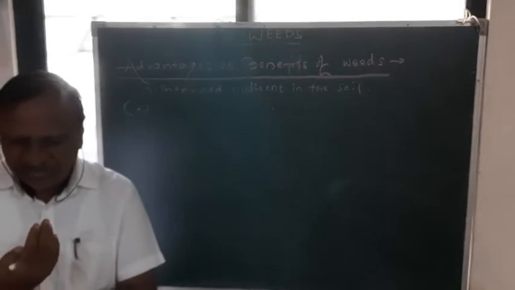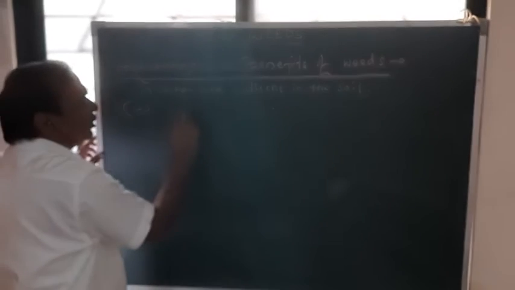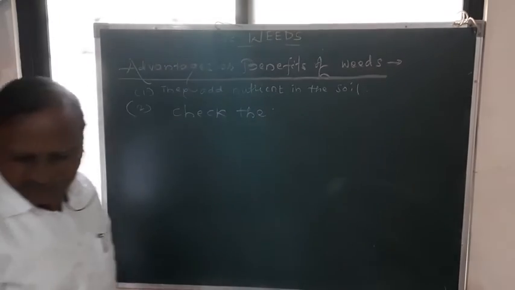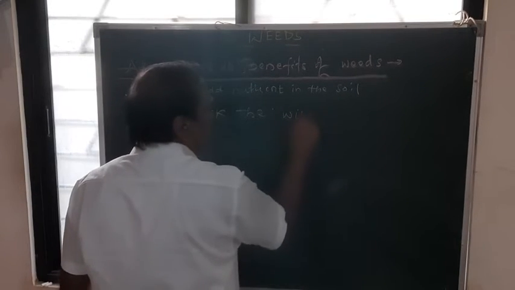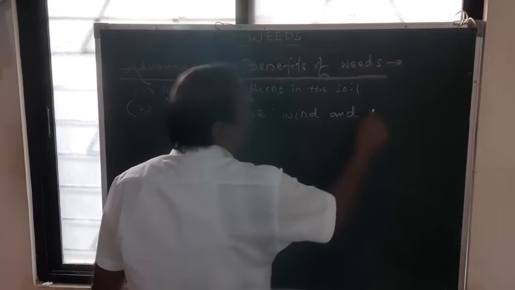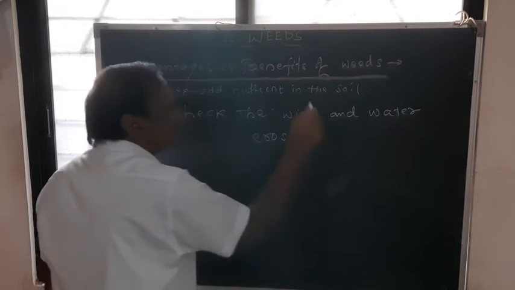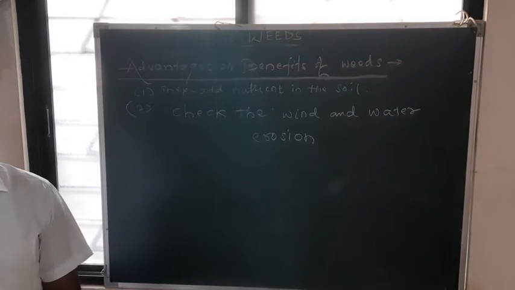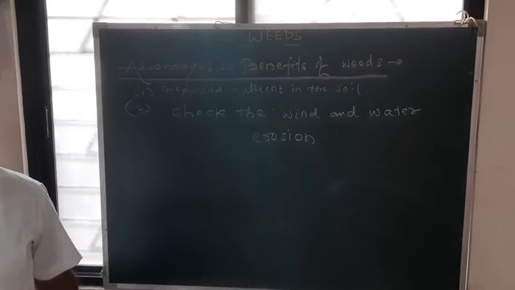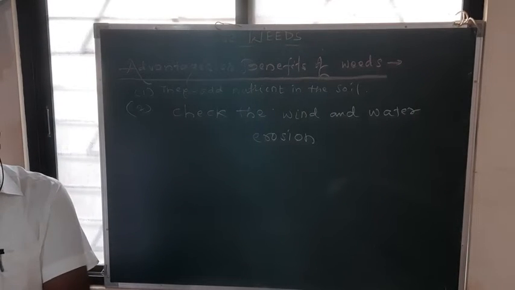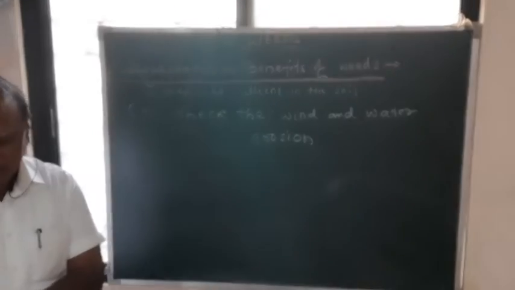Then the next is weeds check wind and water erosion. Means when the land is sloping, the erosion by water as well as wind is generally checked by the weeds.